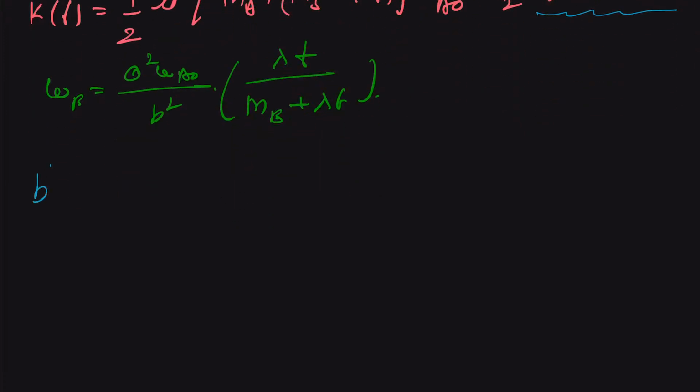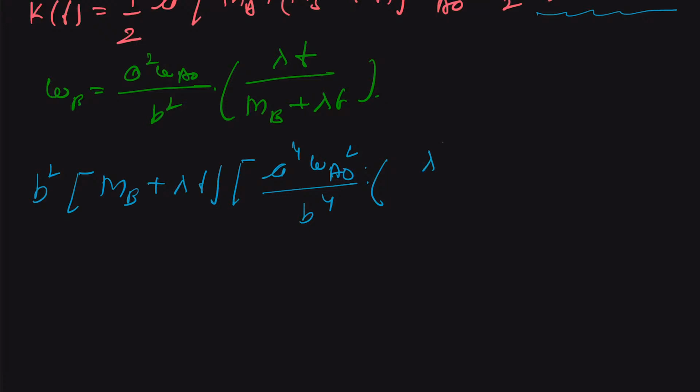So we can say that our B square mb plus lambda t, and we have this as lambda B square, and therefore we get this as A times 4 omega A naught square times B times 4 multiplied by lambda square t square, and we have this as mb plus lambda t whole square.